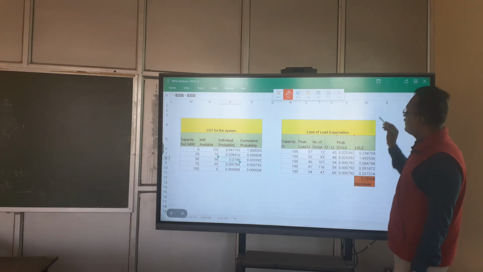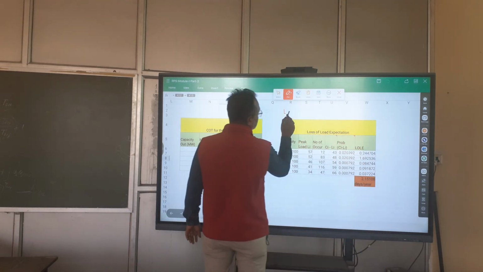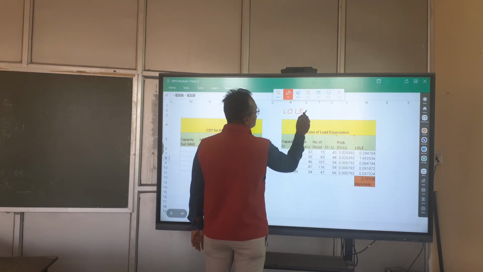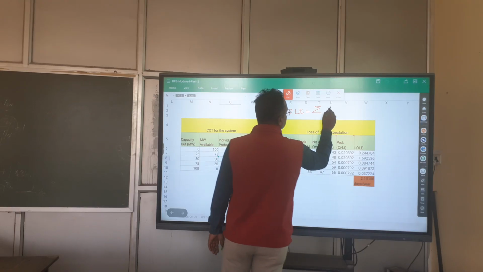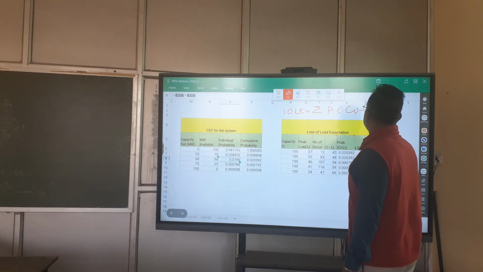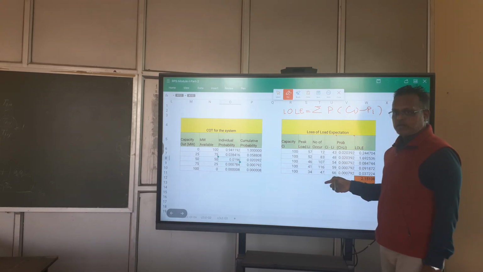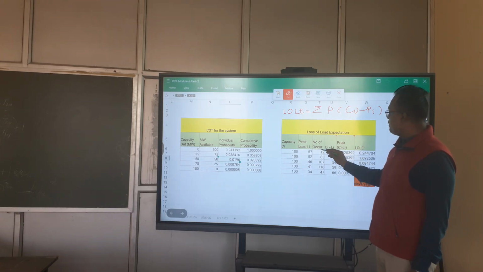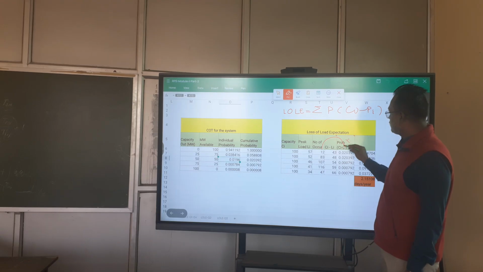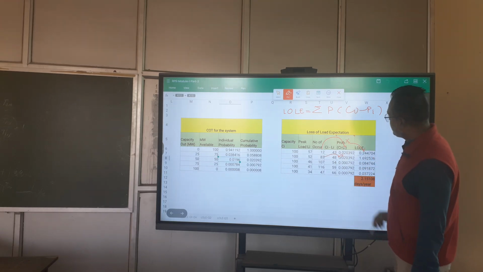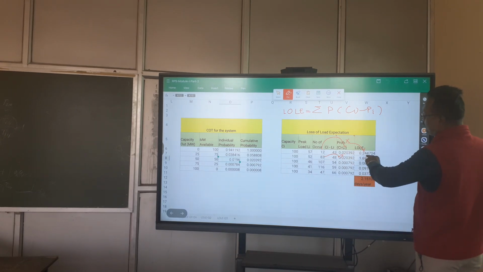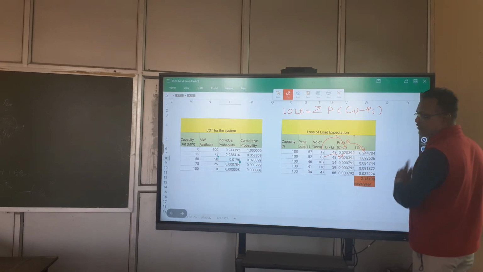Since loss of load probability is equal to the summation of probability of capacity outage, but in this case each outage occurs a particular number of times, we will simply multiply. If you multiply 12 with this, you should get 0.24474.